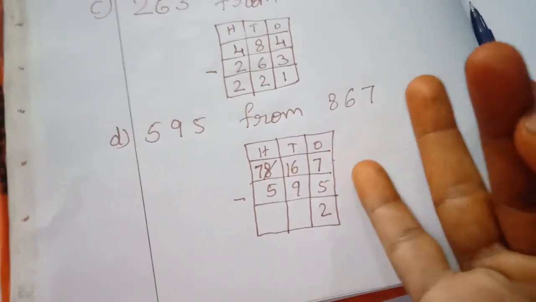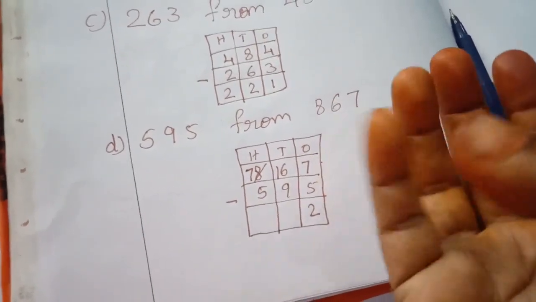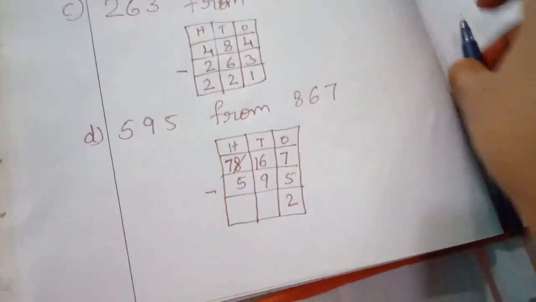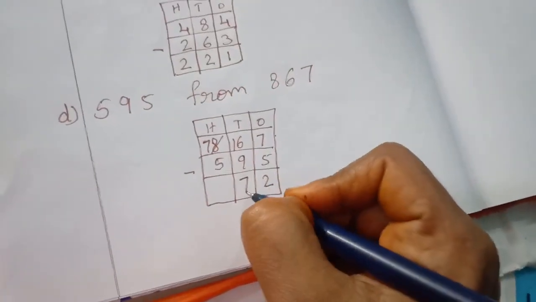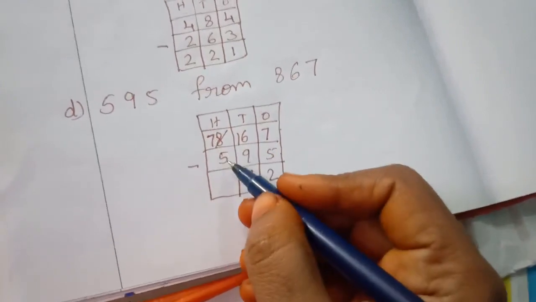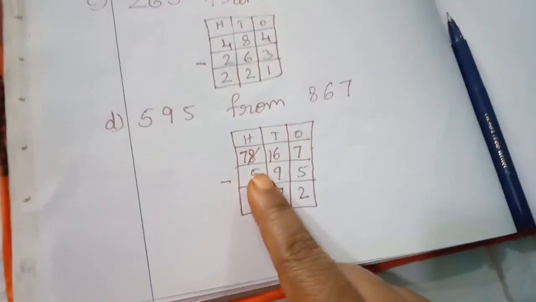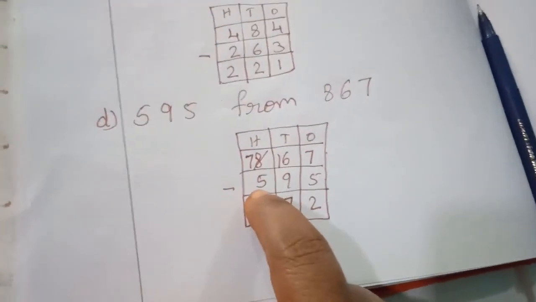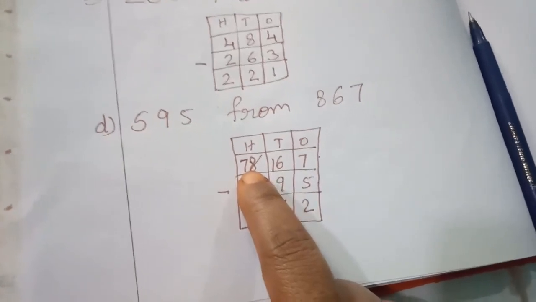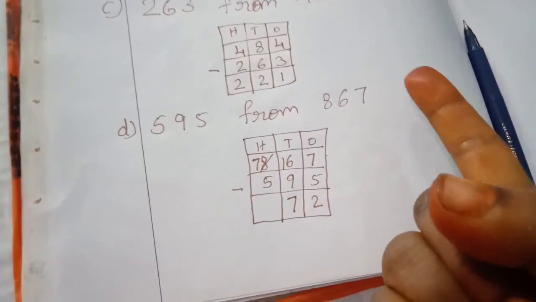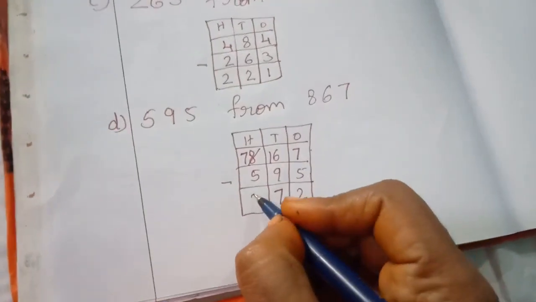How many? 1, 2, 3, 4, 5, 6, 7. That 7 you should write here. Here 7, here 5. In the 7 you should cut 5. 5 after 6, 7. How many fingers came? 2 fingers. The 2 you should write.